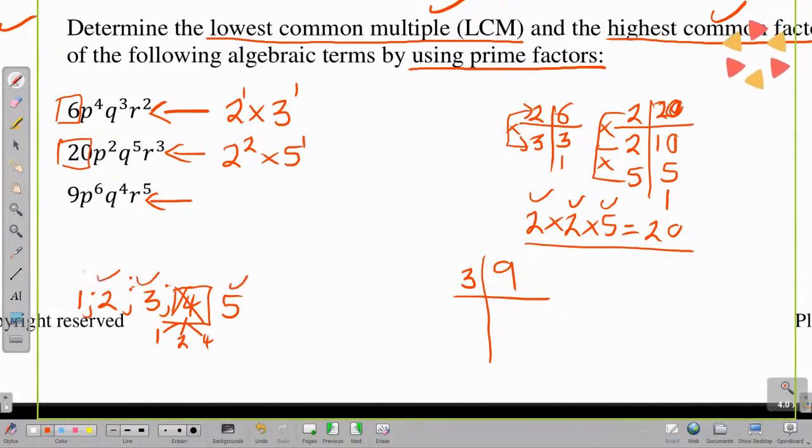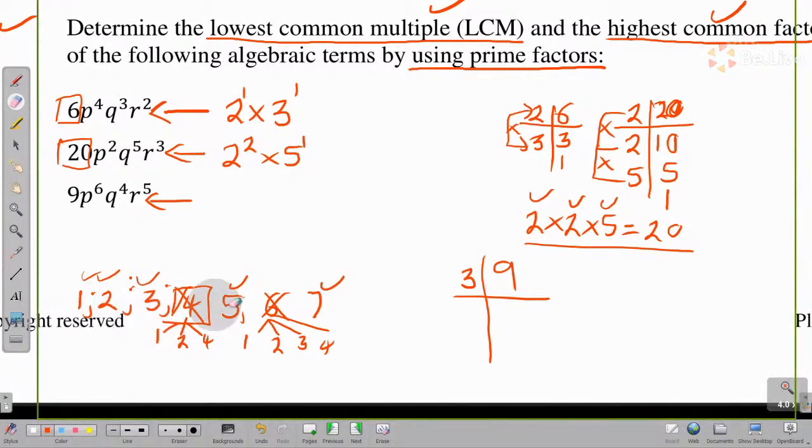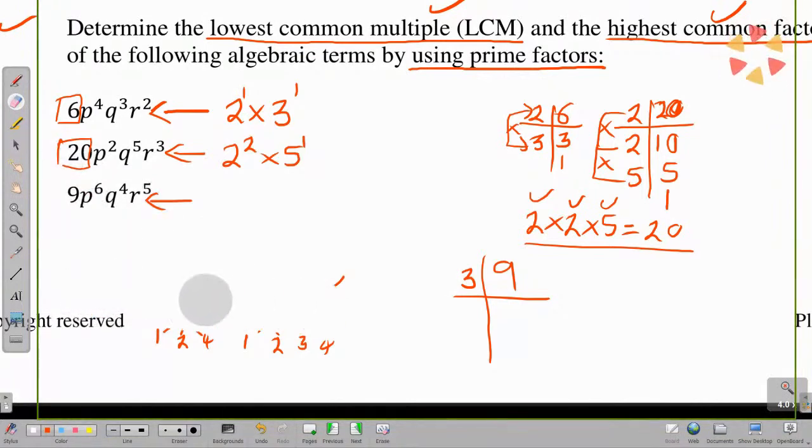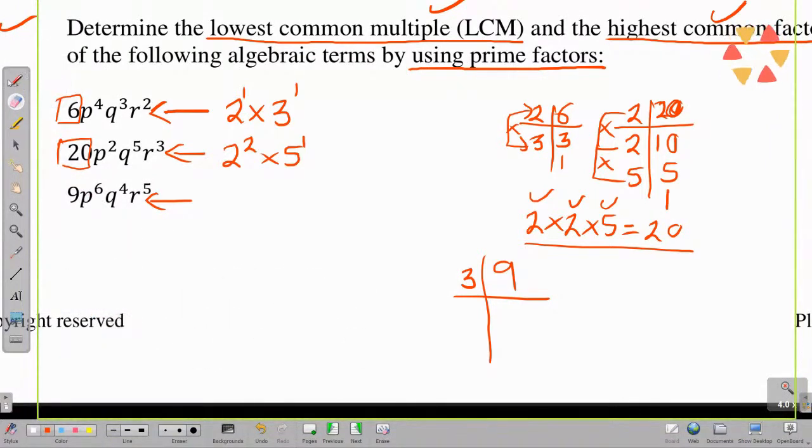Let's go to 6. I can divide 6 by 1, 2, 3, and 6, so it is not prime. So you see how you find prime numbers. 7 by 1 and itself, yes. Most of the time you won't go further than 11 or so, but you need to know these prime numbers.